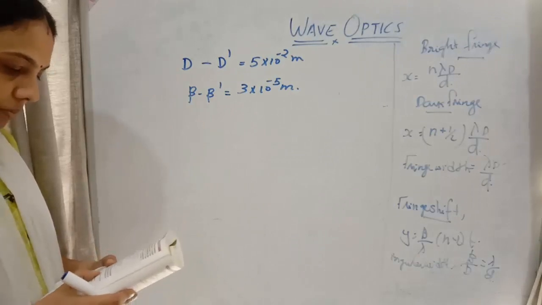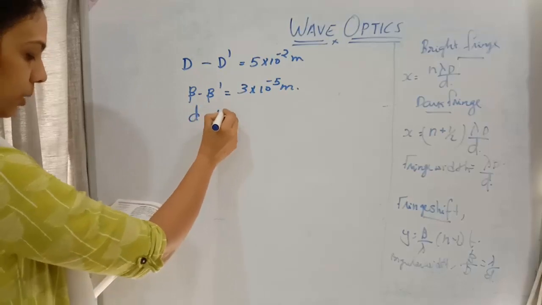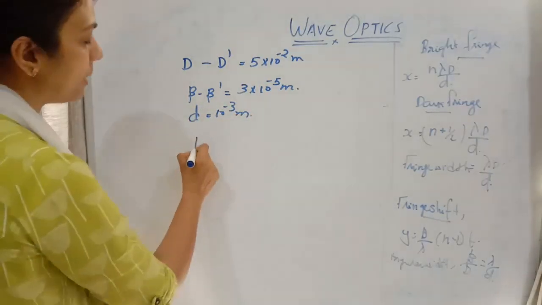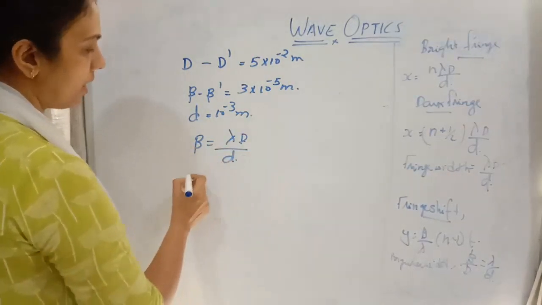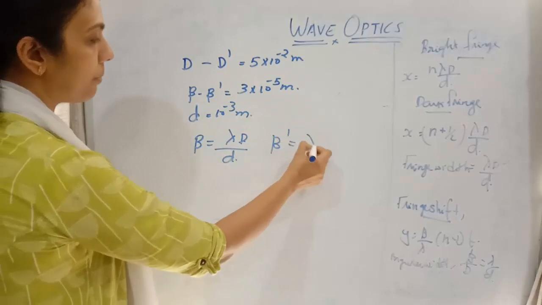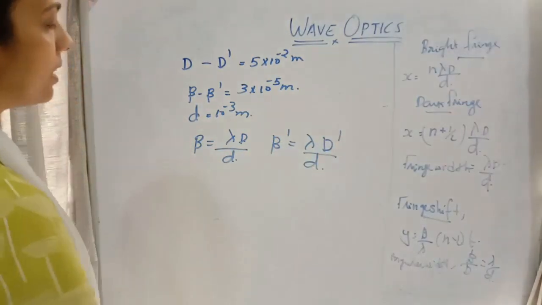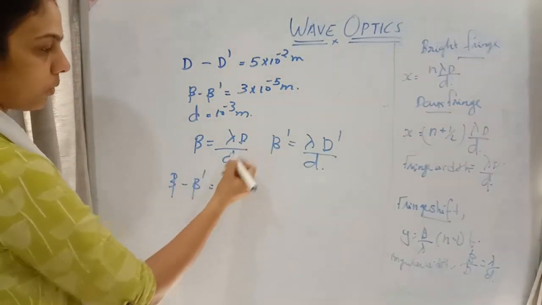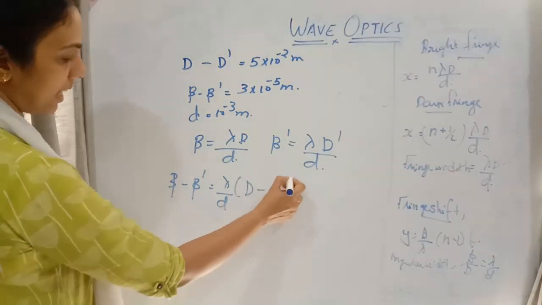Now, the distance between the slits, small d, is given as 10 to the power minus 3 meter; calculate the wavelength of light. So beta we know as lambda capital D divided by small d, so beta dash will be lambda capital D dash divided by small d. If I calculate beta minus beta dash, it is lambda by small d into D minus D dash.